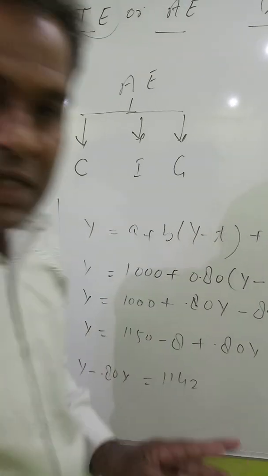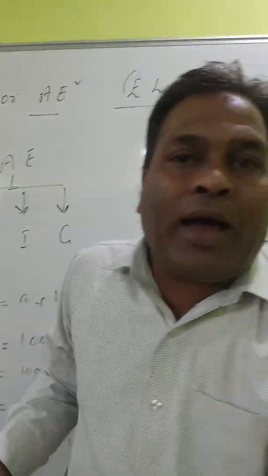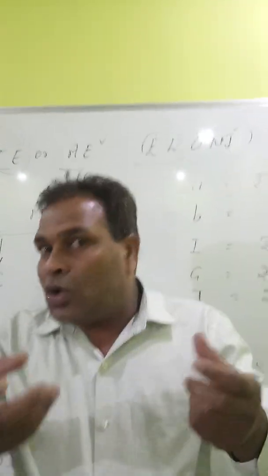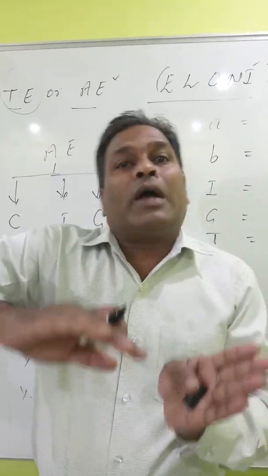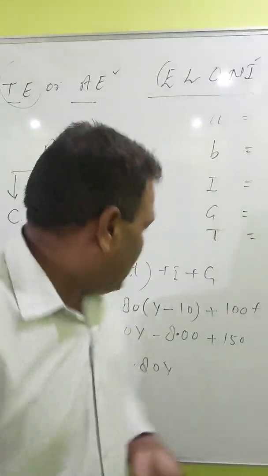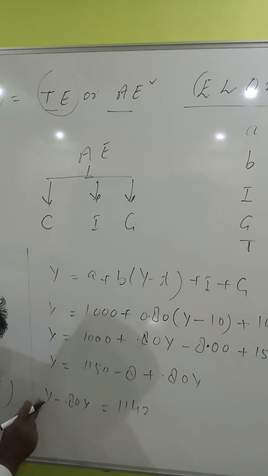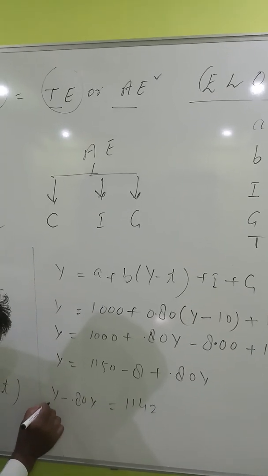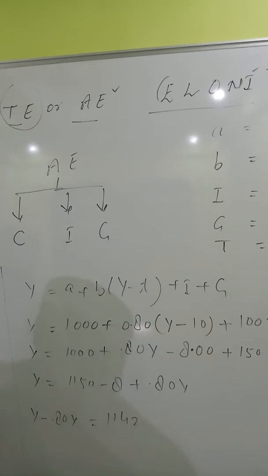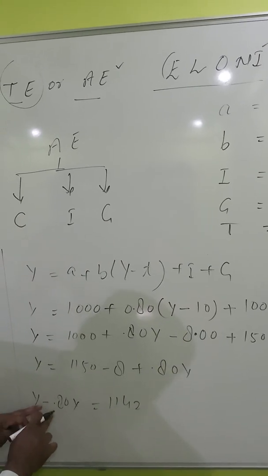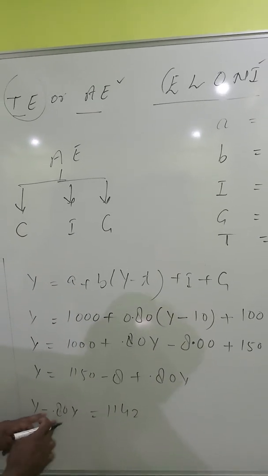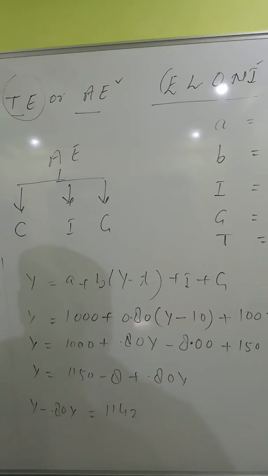Now you should be cautious in this regard. If simply Y is given, you should consider that 1 is hidden before Y. Y would be considered as 1Y. So now you can easily subtract 0.80 from 1.